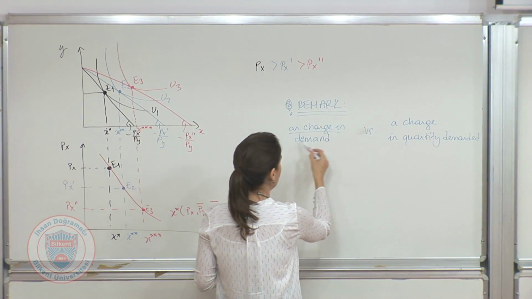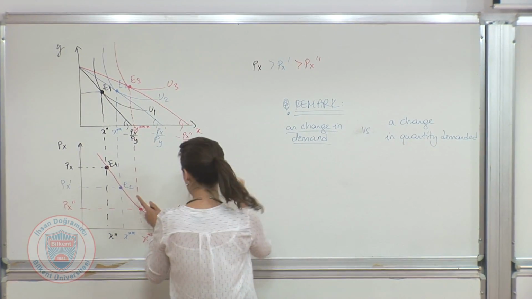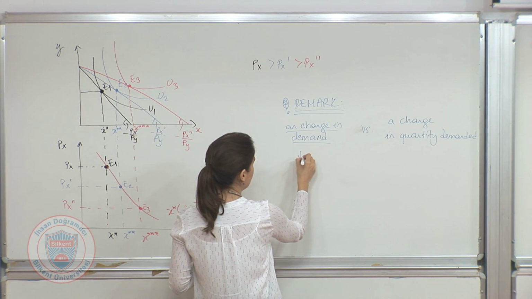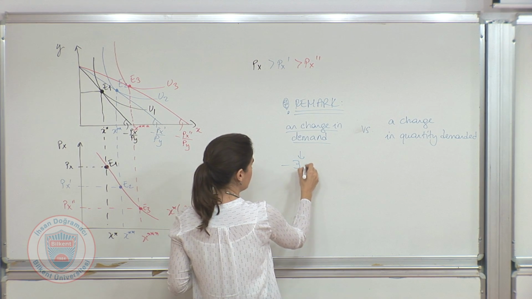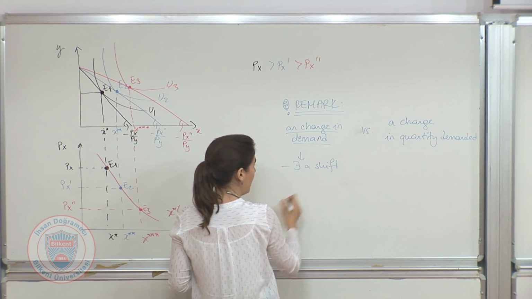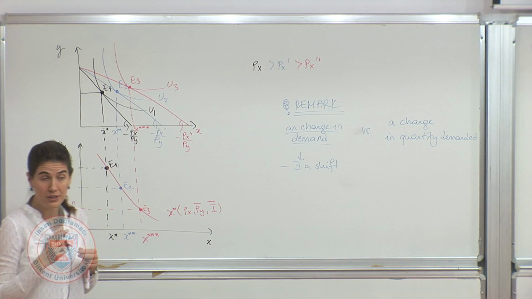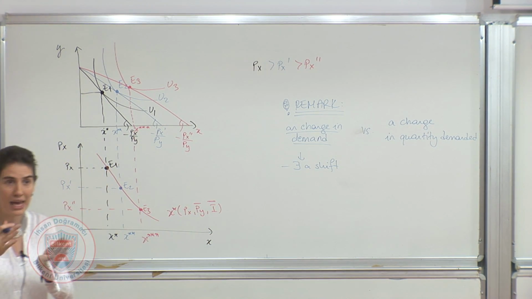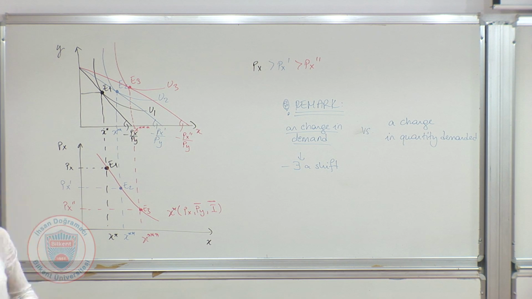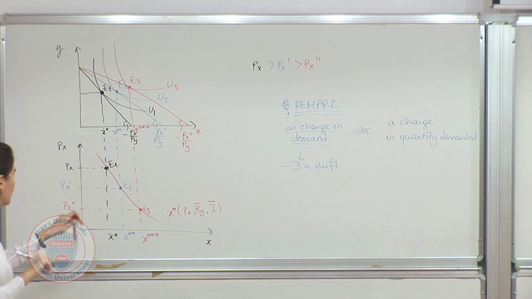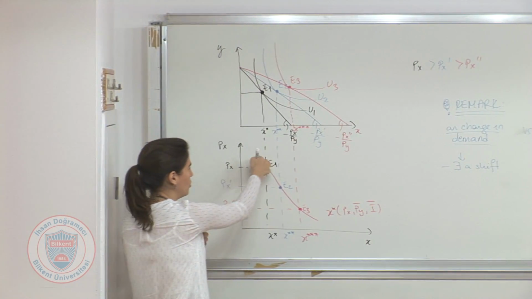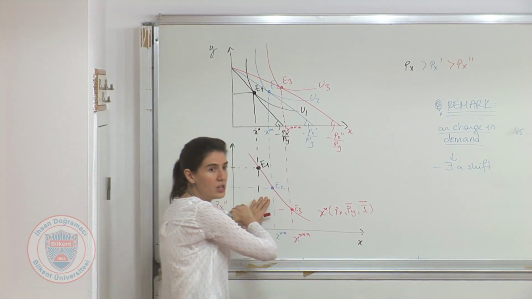A change in demand happens when this demand curve shifts. So when would you have a shift? If any of these factors that you kept constant change, it's going to cause a shift in your demand curve, because here you have two dimensions. Any other thing changing, you cannot show it along this curve, so it has to shift, okay?